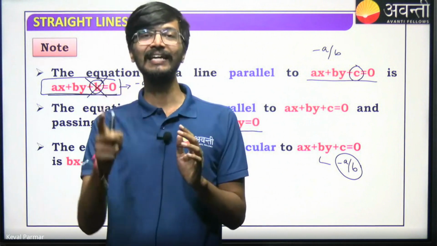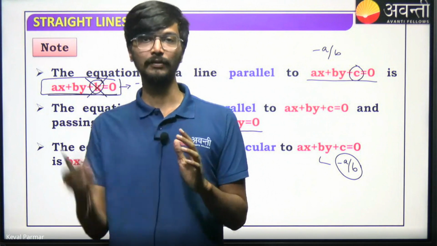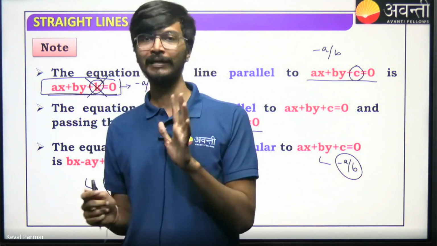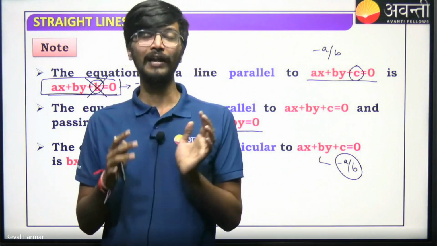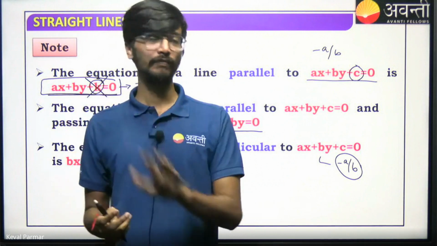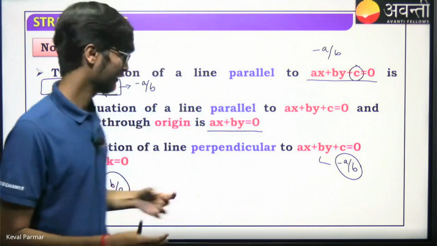And this is the condition for perpendicular lines. If two lines are perpendicular, then the product of their slopes, m1 into m2, will be minus 1. So if in a sum I have to find the equation of a line parallel to such a line, then I can get the equation by using this.